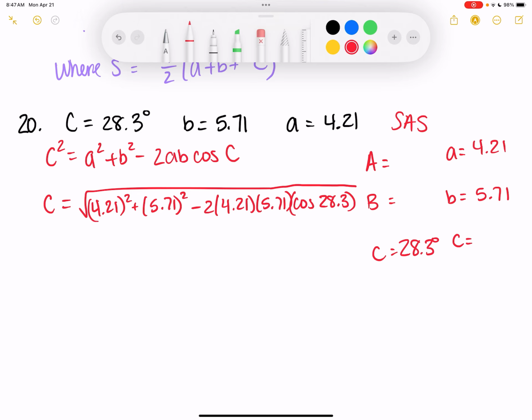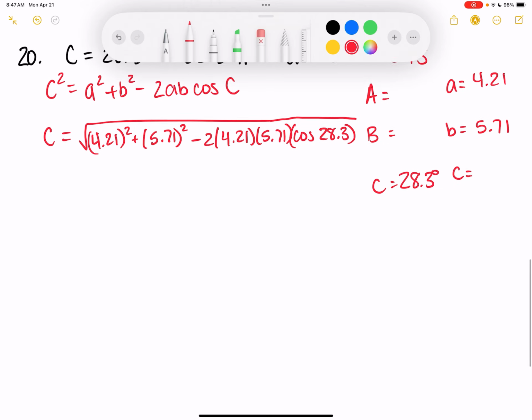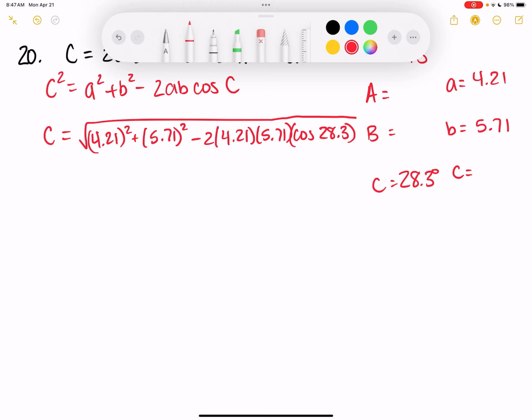So the other thing that I'm going to point out, I'm going to show you when I go to type this in, just because this is the point where people will often get stuff wrong because they type it in wrong. So when I go to type this in, I have the square root, and then this square root will just keep expanding as long as I'm typing under it.